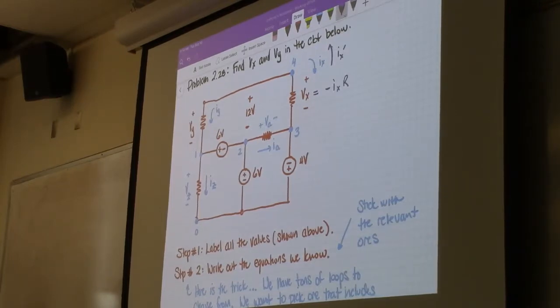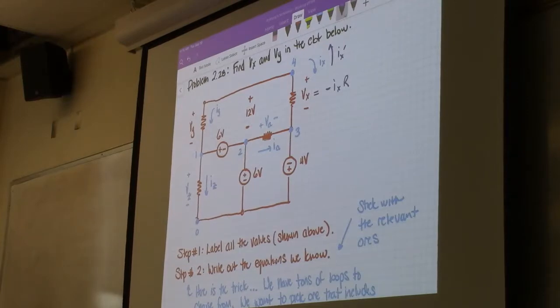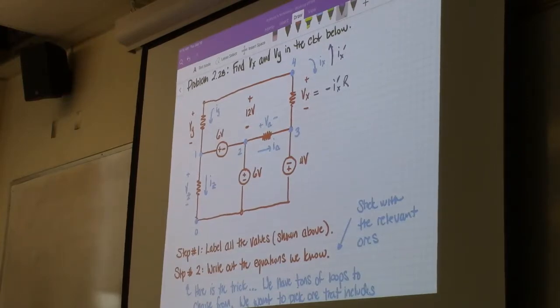Because if you don't obey the passive sign convention, then you got to throw the negatives in there. That's the only reason why we try to stick with that. It's just to make it a no-brainer when we do our V equals IR over and over again. It's all positive. Okay?